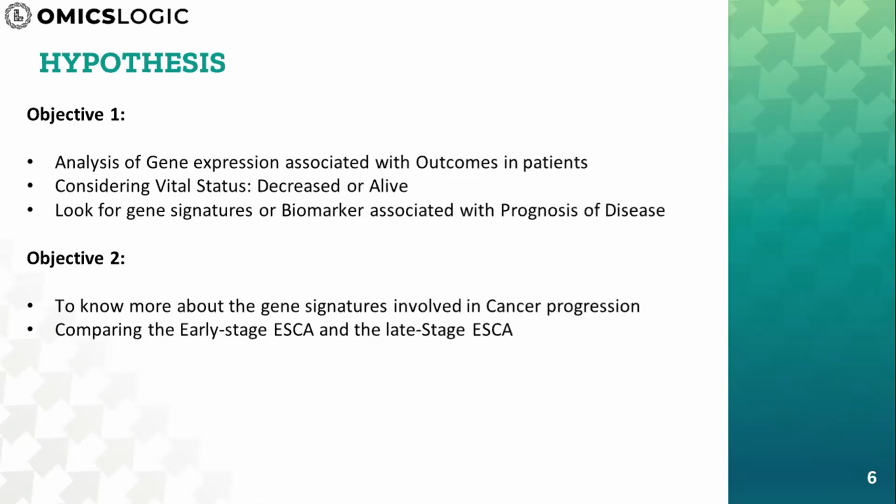Since it is a patient cohort, I'm provided with the patient status, whether the patient is deceased or alive. Using that, I'll be looking at gene signatures, or precisely biomarkers, associated with the prognosis of the disease. My second objective is to know more about the gene signatures involved in cancer progression. For that, I'll be comparing late stage esophageal carcinoma with early stage esophageal carcinoma.